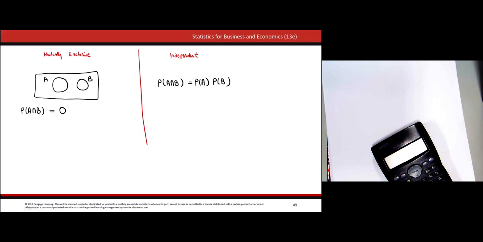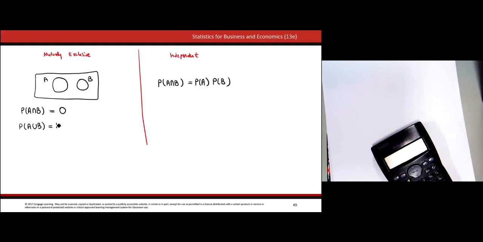It is the probability of A times the probability of B. How about A union B? So what is an example of mutually exclusive? You cannot both pass and fail the course. If you pass it, then you don't fail. That can't happen at the same time.